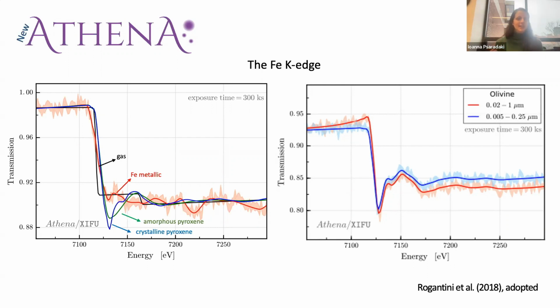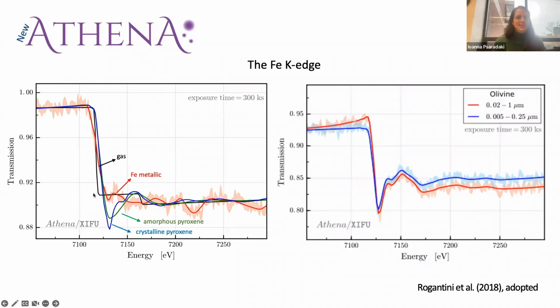So far, we can study diffuse and maybe mildly dense ISM, but with Athena, we'll be able to probe the iron K edge. This is great because we can study dense environments of the ISM. If we're lucky enough to find great sources, we can probe maybe a source behind a molecular cloud. That's what I really hope for. And we can study the dust grain chemistry over there.